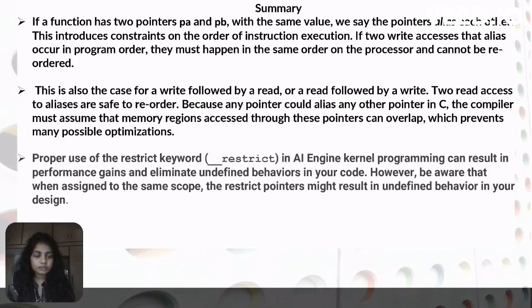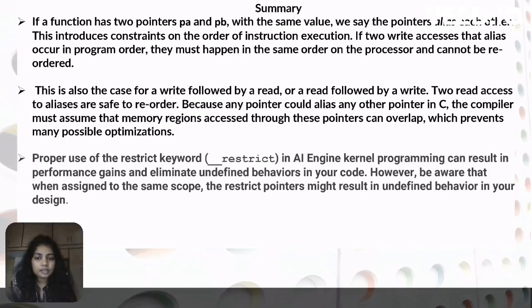If two write accesses that alias occur in program order, they must happen in the same order on the processor and cannot be reordered. This is also the case for a write followed by a read or a read followed by a write. Two read accesses to aliases are safe to reorder.